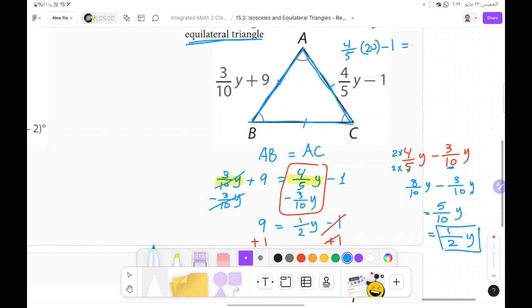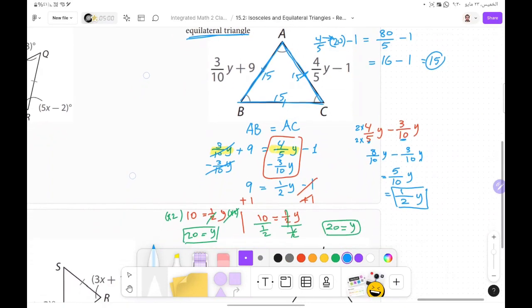So 4 times 20, you multiply this one only, divided by 5. 4 times 20 equals 80. 80 over 5 minus 1. 80 divided by 5 is equal to 16. Minus 1, so the answer is equal to 15. So if this side here is equal to 15, for sure this side should be 15, and this side will be 15 too.